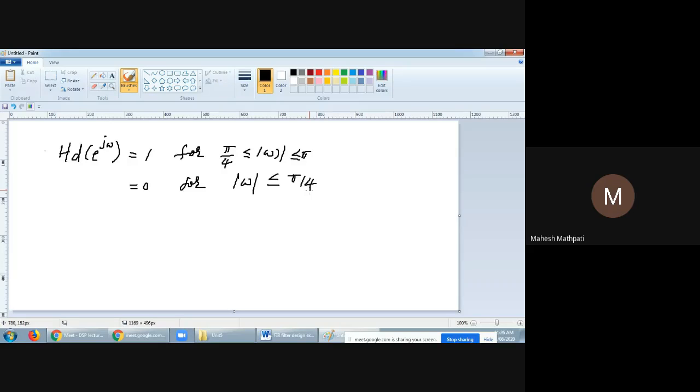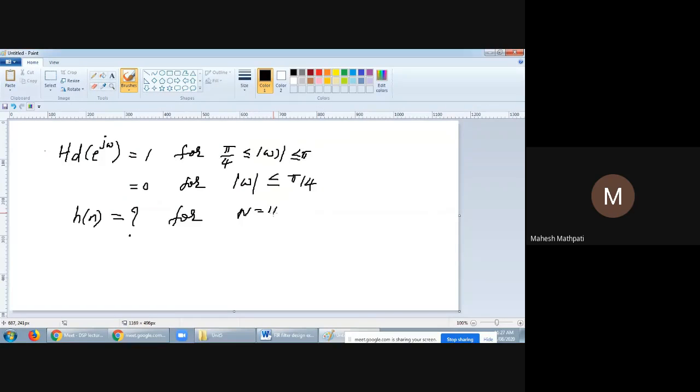Find the values of h of n for n equals to 11.